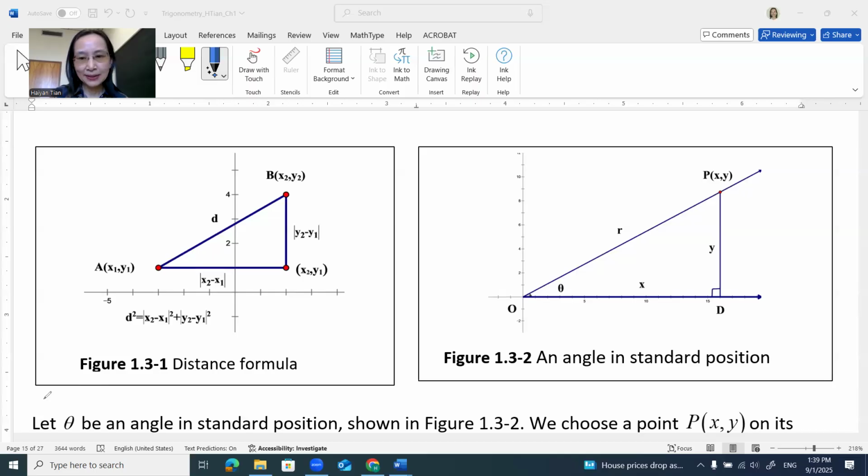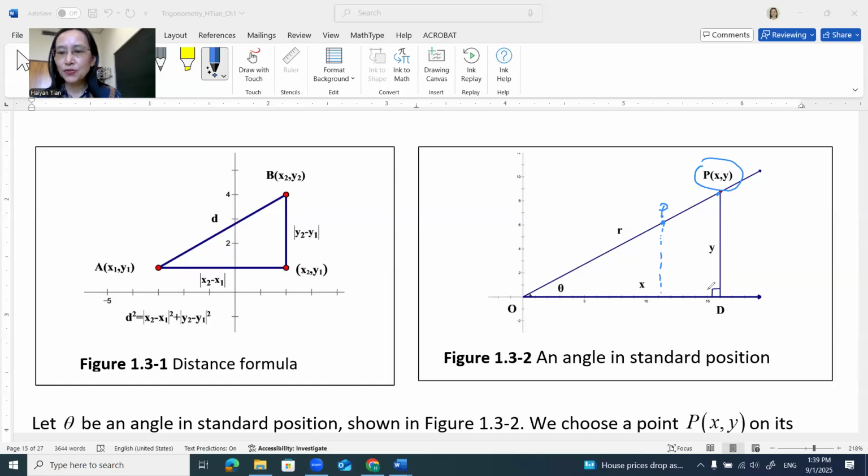Now we look at such an angle, and we can immediately pick a point on the terminal side. This point is arbitrary; it doesn't matter which point you pick. For example, you can pick the point here a little closer in.